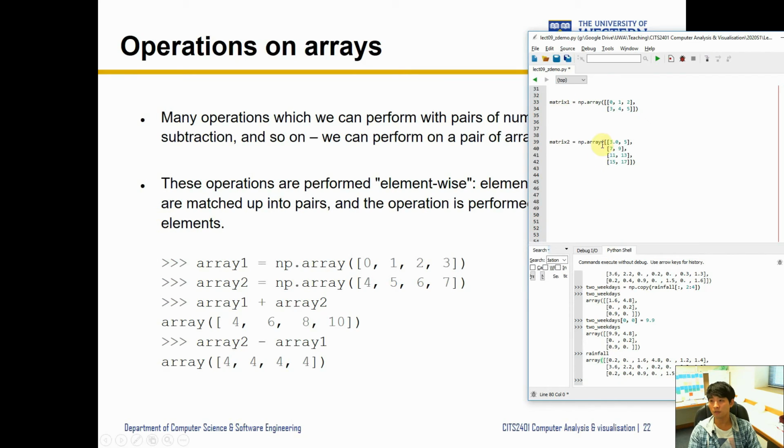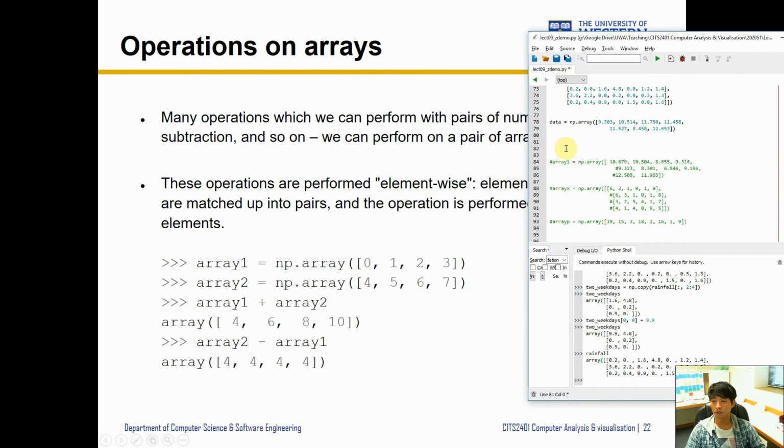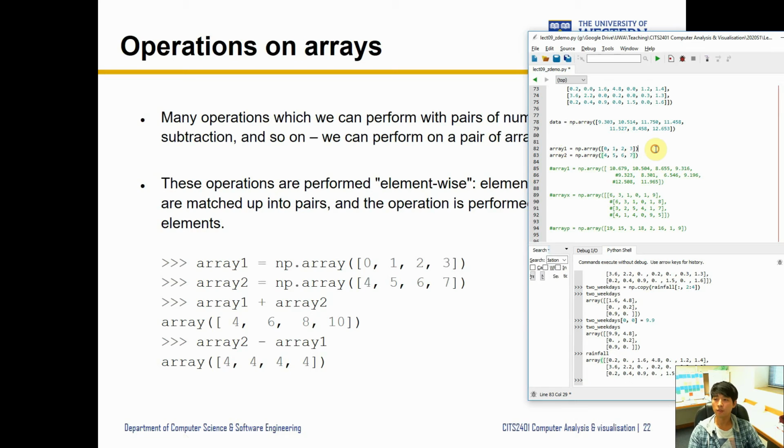I think I defined them up here, but we're using array 2 differently. So let's redefine that. Here I have array 1, and array 2 is 4, 5, 6, 7. Okay, so we're ready to go. We now have array 1 and 2.